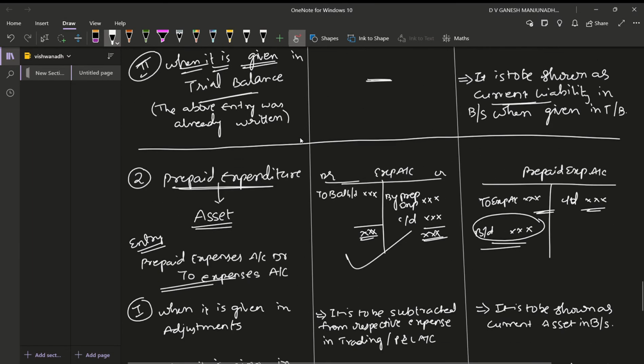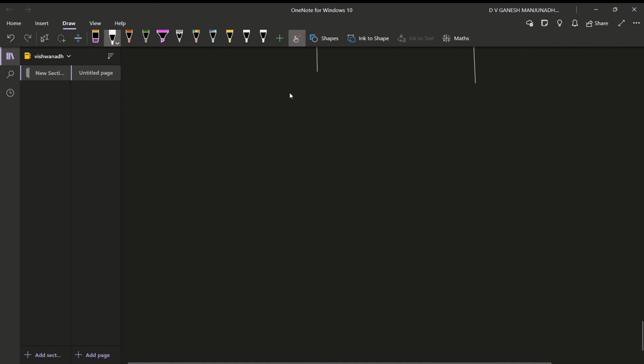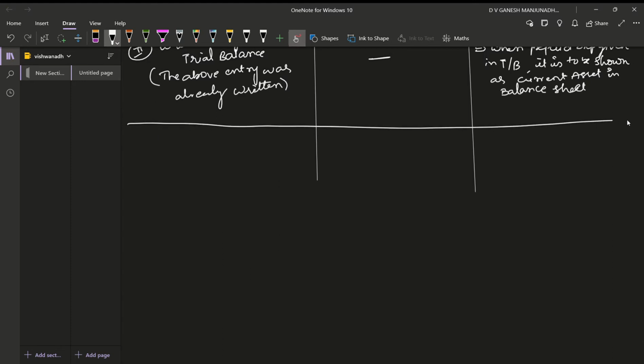As prepaid is the nature of an asset, it would have a debit balance, which will appear on the debit side of the trial balance. So this would be the second adjustment. Now comes the third adjustment.